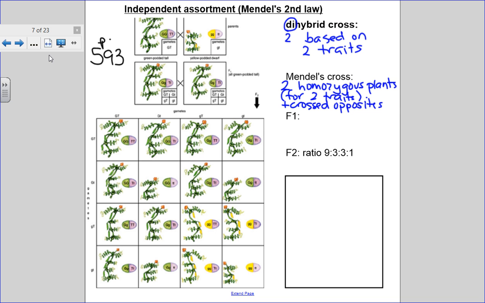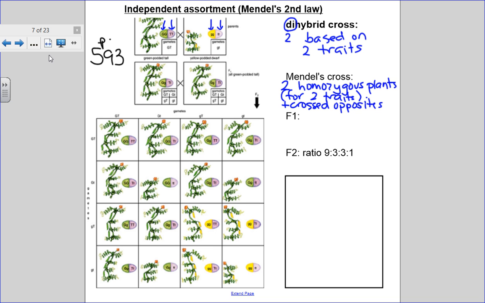So in this example, which is the same one that's in your textbook, we'll show what happened when he crossed a green, tall plant with a yellow dwarf plant.